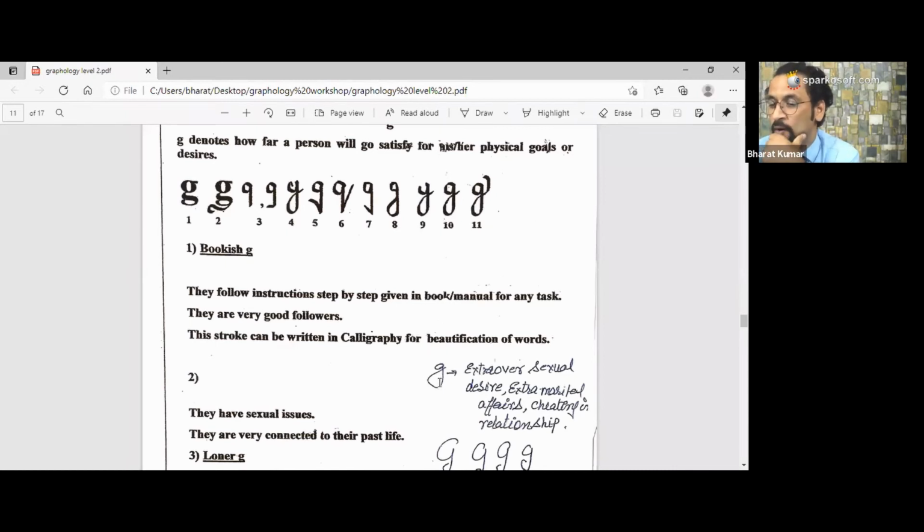So if the lower loop is too large, they have extra sexual desire. They might have an extramarital affair. They may be involved in cheating the partner. So this is not a good trait. Now check.